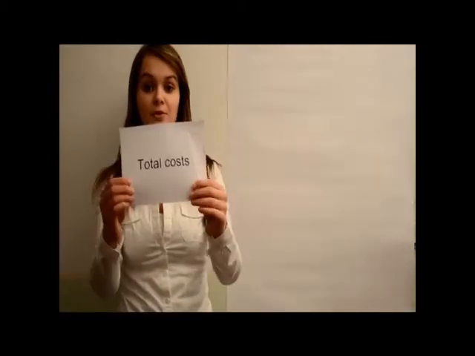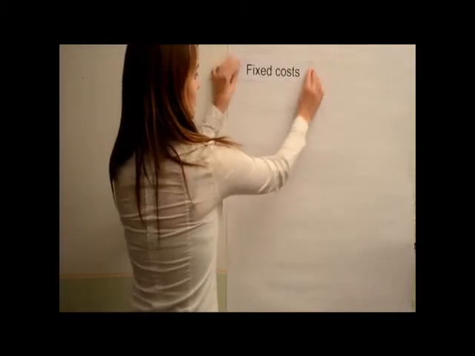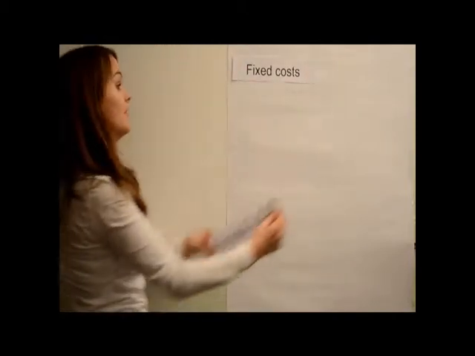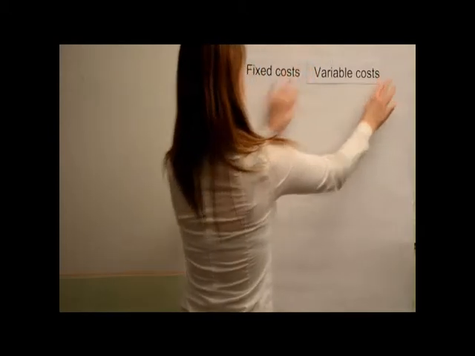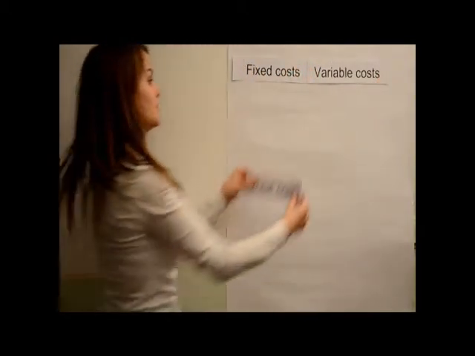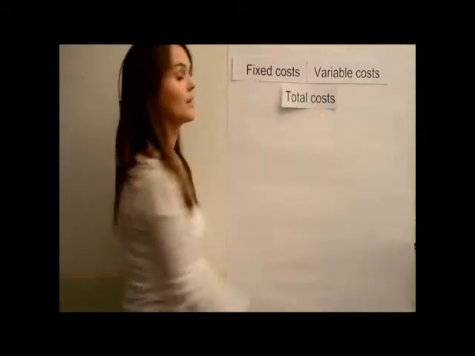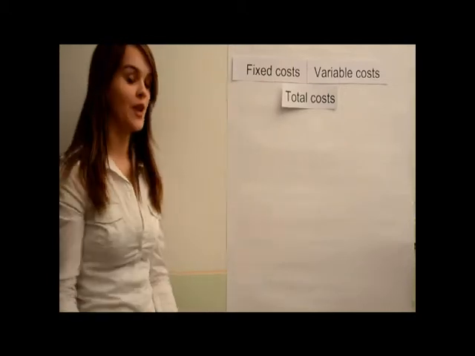Next, there are the total costs. If you add the fixed costs with the variable costs, you have the total costs. The total cost depends on the output.